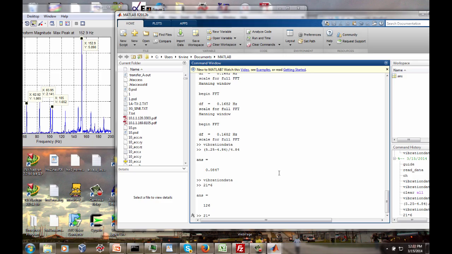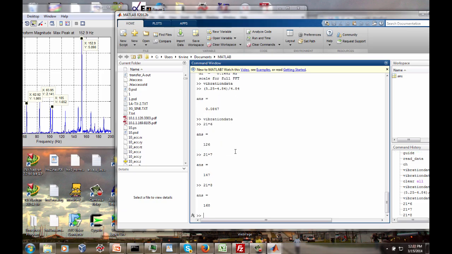What's the next one up in this series of integer harmonics? 147 hertz. Well, this peak is 153 hertz. There is a peak at 147 hertz. What's the next one up after that? 168 hertz. That's this spectral peak here.